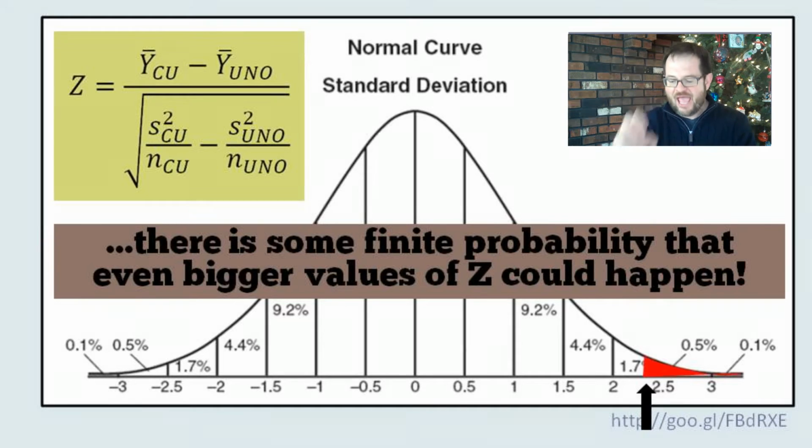We can get at the probability that we would get a result this strange. This z statistic has given us the place that we will be on this bell curve so that we can integrate out and find the probability. It's that area under the curve from z out to the tail.